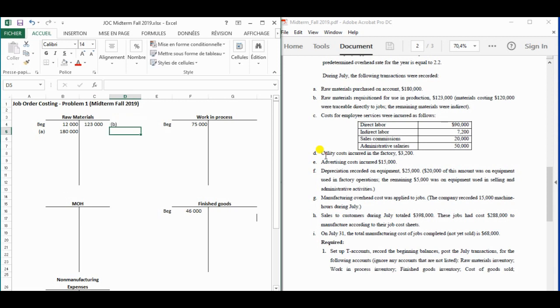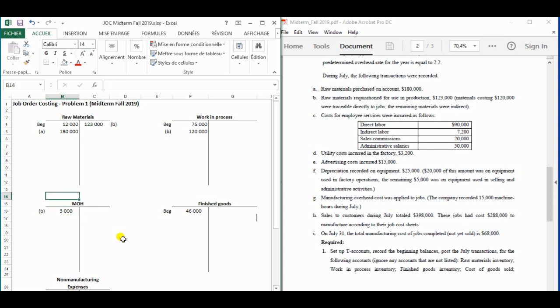The counterpart of this requisition will be direct material. So here I can debit work in process inventory with the direct material part, 120,000. Okay, and the indirect part, so the remaining materials, 3,000, in the MOH. So I will debit MOH, okay, for 3,000.